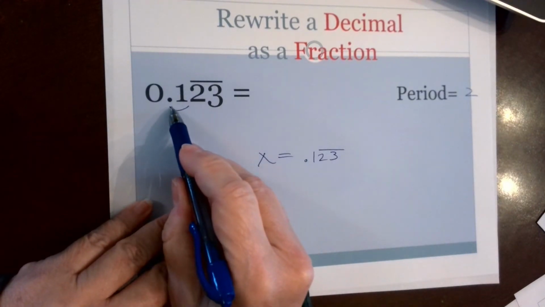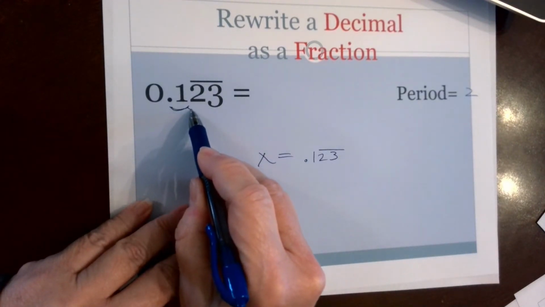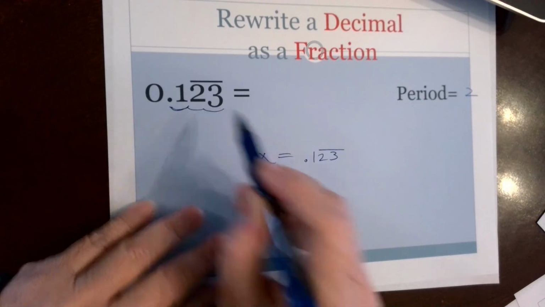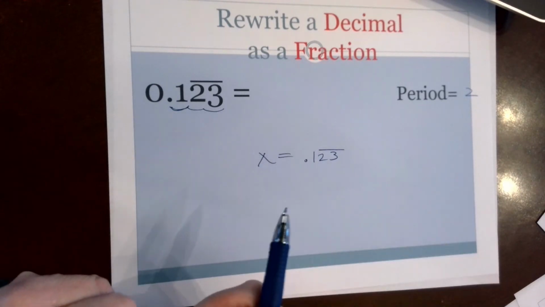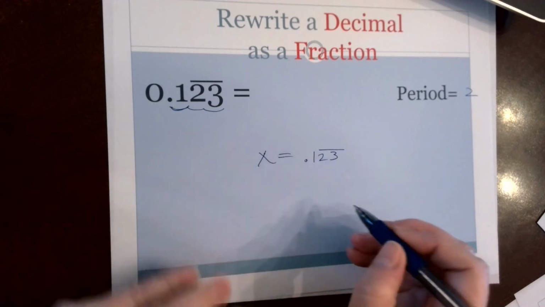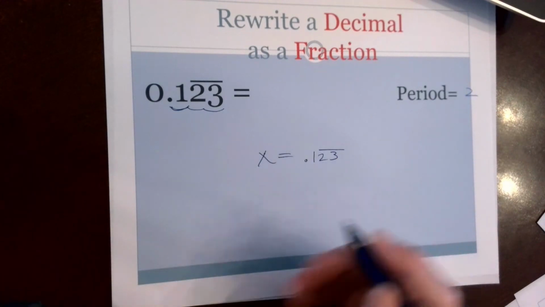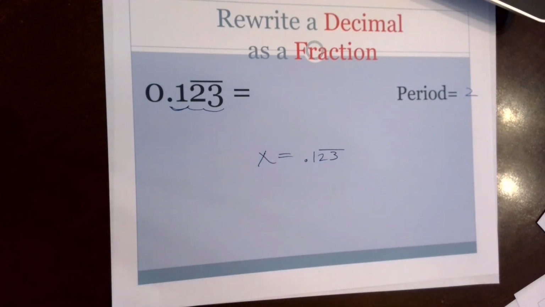I need to move the decimal here, here, here to line them up. So I need to multiply, let me think, by 1,000 maybe to get them to line up.